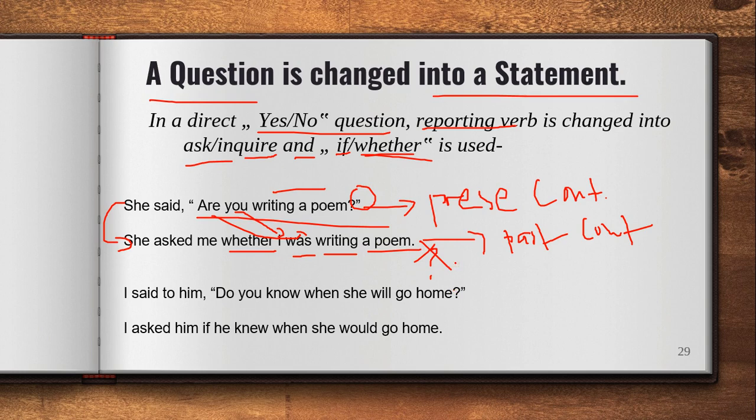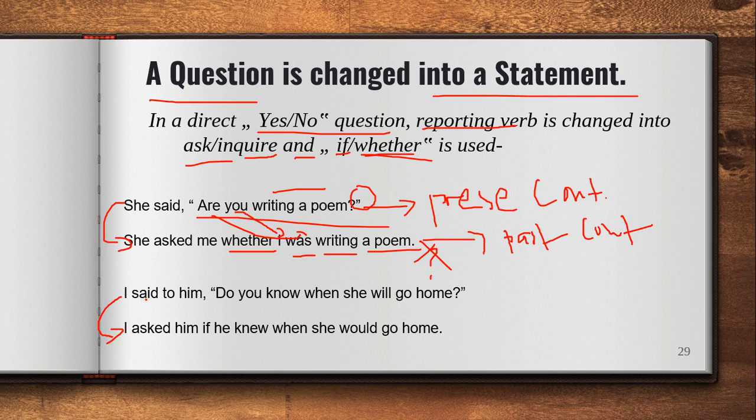Next, let's take a look at another example. I said to him, "Do you know when she will go home?" Remember, do you know is a yes/no question. Change it to indirect, and remember, there is no more question mark.